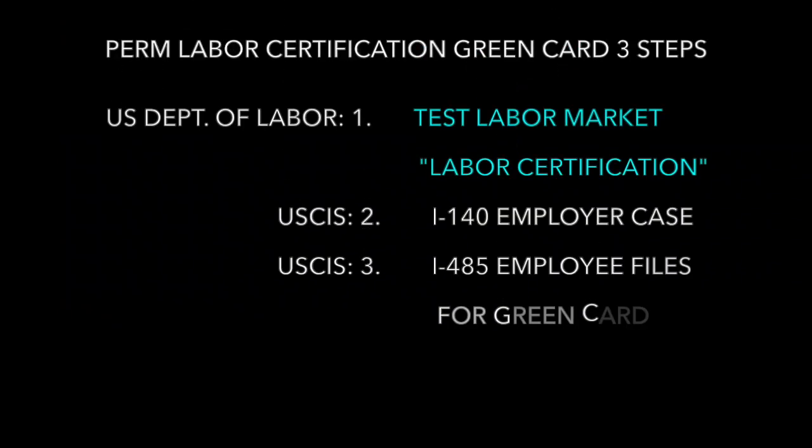Now, what does that mean? The PERM green card labor certification process involves 3 steps. We're just talking about that far right column, the second row and the third row, PERM labor certification.